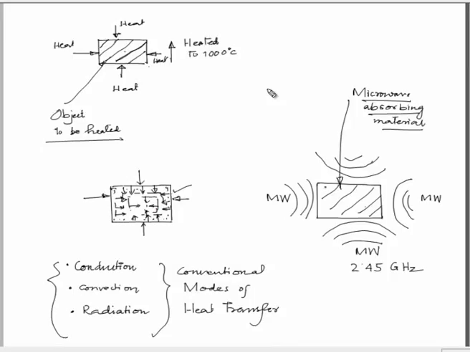Here almost all the points or the volume of the material will get heated up almost simultaneously. That means, this phenomena of getting heated layer by layer or transferring of heat energy from the outermost layer to the innermost layer does not apply in case of microwave heating.